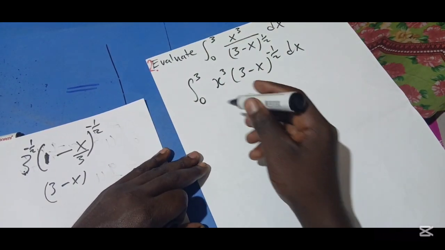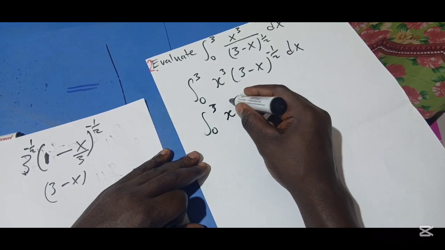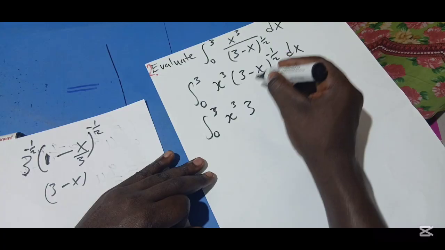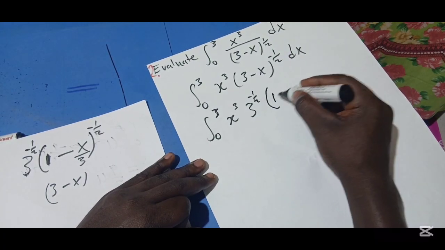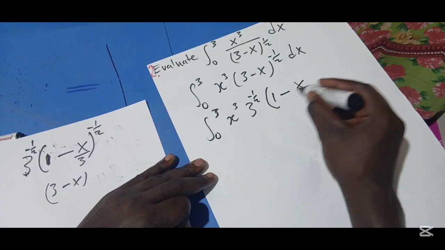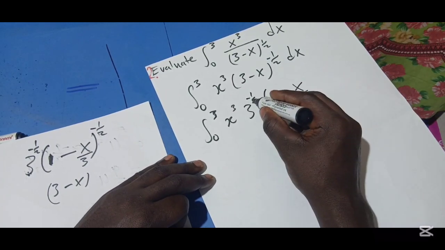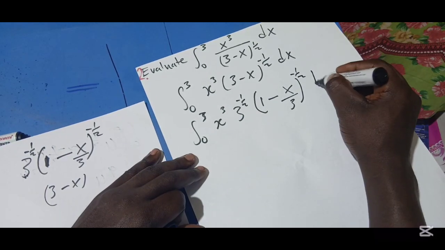From the problem, we have the integral from 0 to 3, x to the power 3. Bring 3 out, and don't forget about the power. Then everything here, then 1 minus x on 3. To take care of this, you divide by whatever you send out, but not with the power, because this one already has the power, so nothing changed.